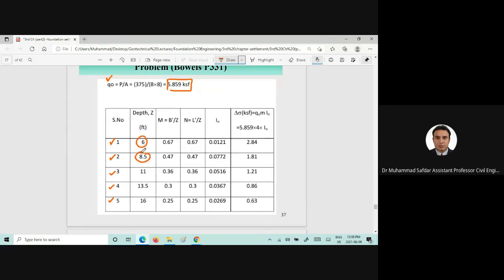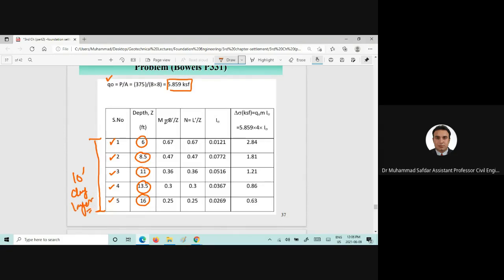It will be 8.5, and then we will again add 2.5 feet. It will be 11 feet, and then we will add 2.5. It will be 13.5 feet, and then we will again add 2.5 feet at the bottom of this 10 feet clay layer.